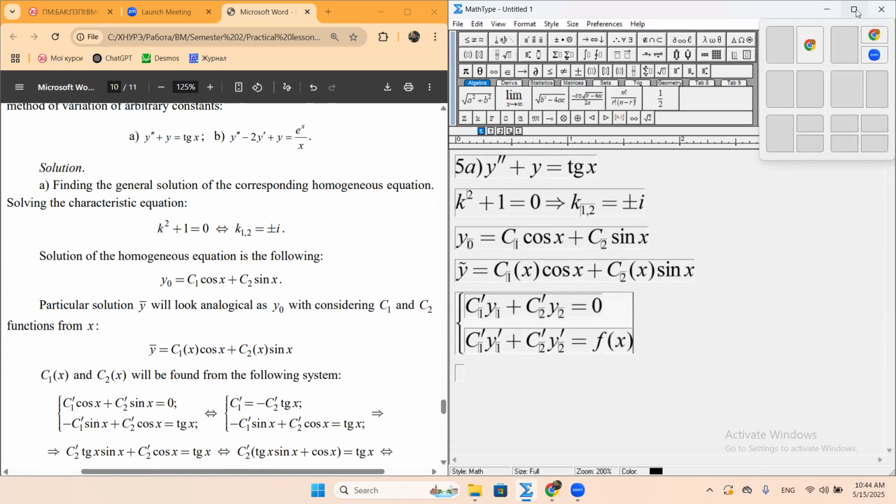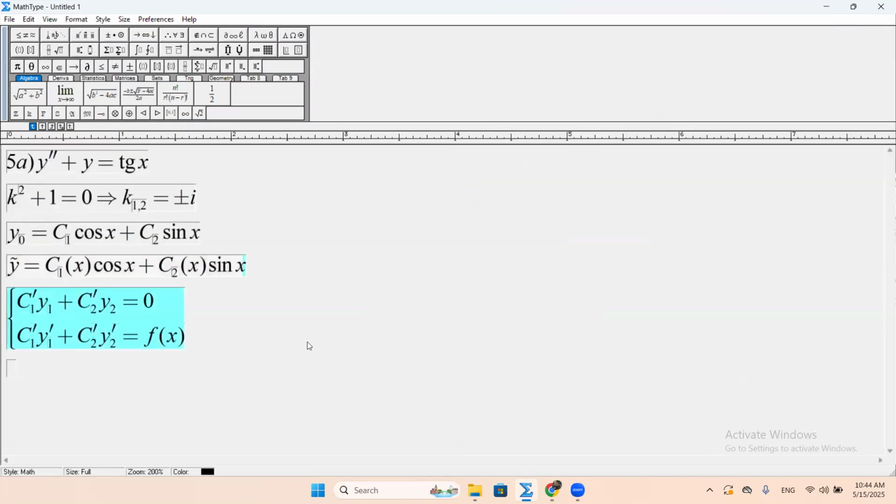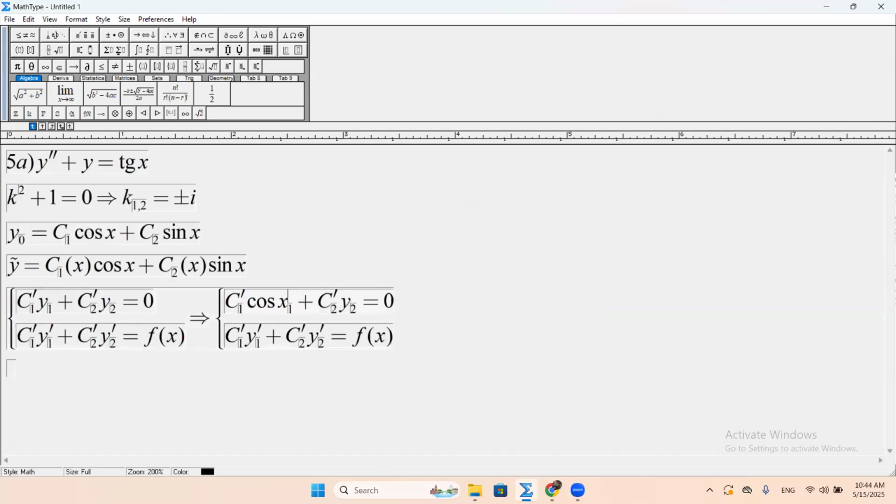And now we will just substitute everything into this system. C1 prime cosine of x plus C2 prime sine of x equals 0.